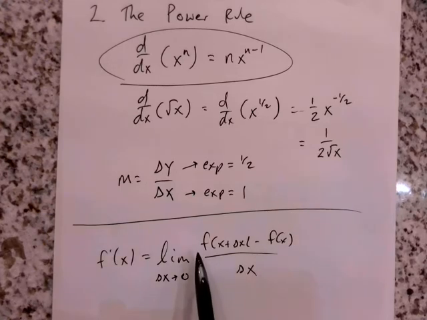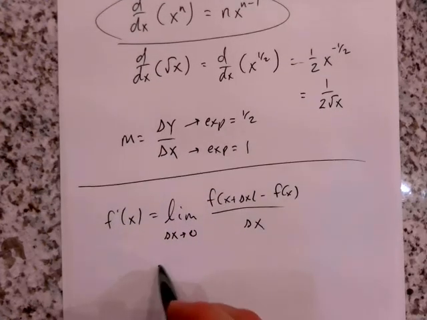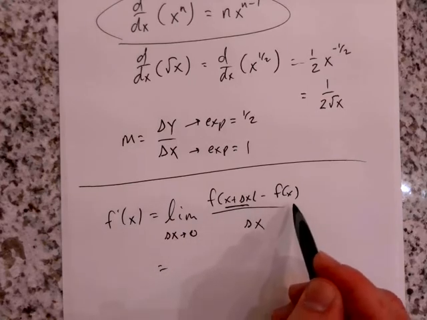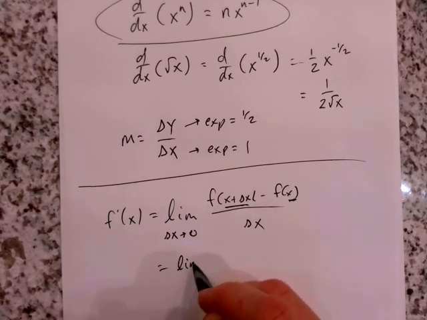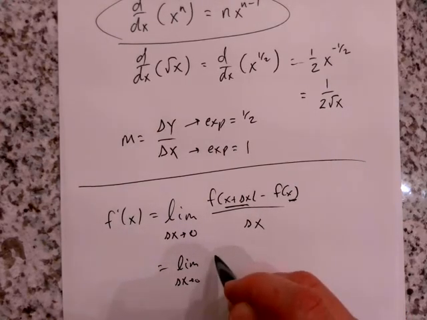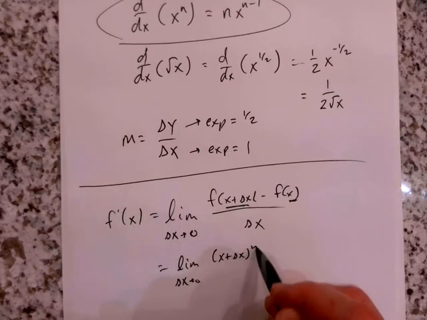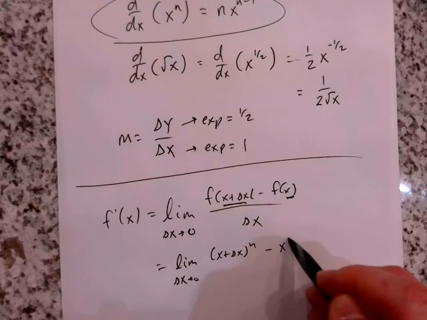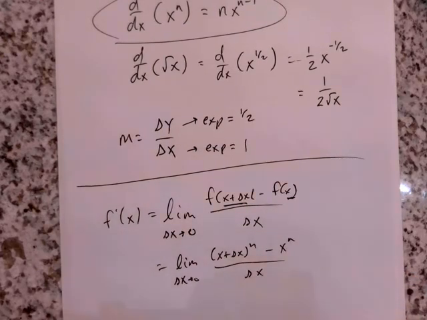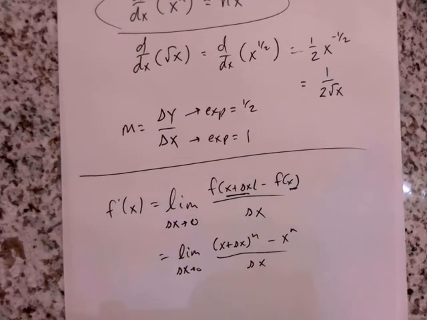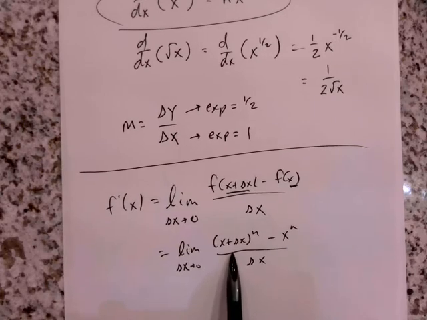Our function f is x to the n, so we plug these into our function. f of x plus delta x is x plus delta x to the n power, minus f of x, which is x to the n. And next we want to expand this binomial.